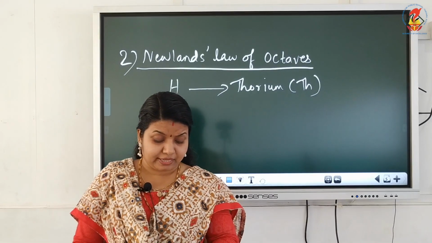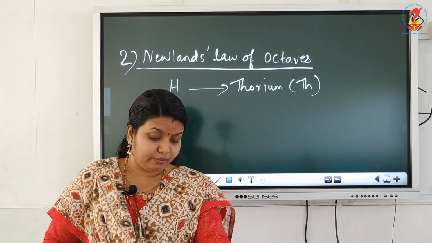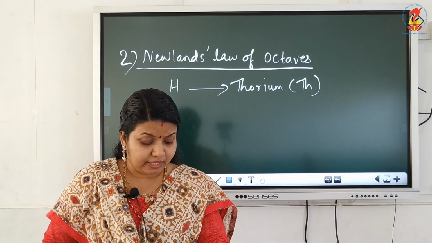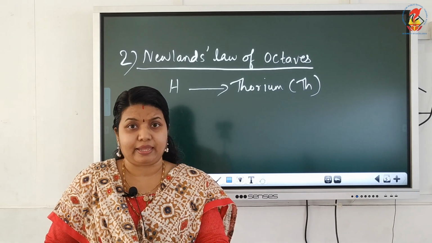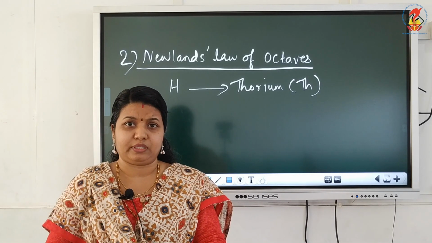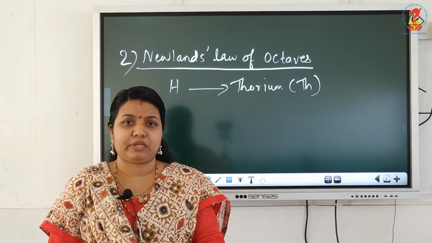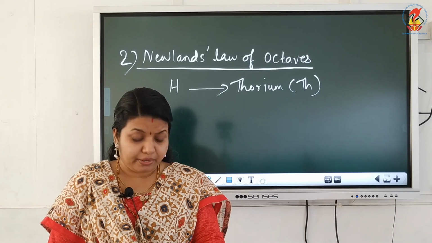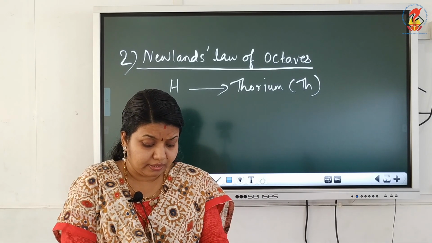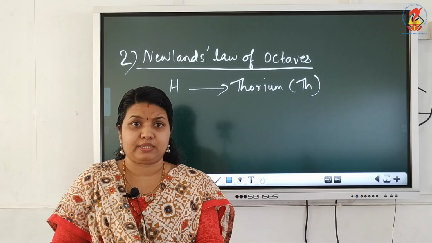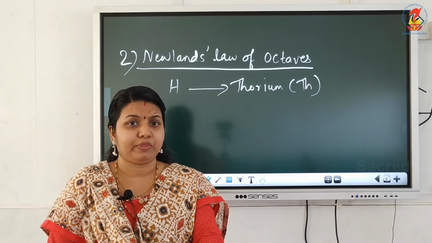Third one is, please look at the first column, that is under the musical note Sa. You can see that cobalt and nickel, Co and Ni, are placed under the same note, in the same slot. In the same slot, 2 elements are placed. Under the note Ma also, you can see 2 elements placed in the same slot.